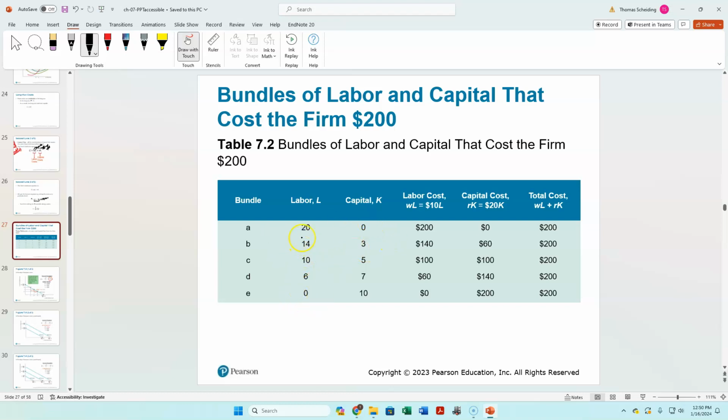We had to have some mix of the two. But here, from just a simple cost perspective, we can have the two existing. And if I tell you that workers cost $10 an hour and my capital costs $20 an hour, then I can calculate various costs. In this case, all these bundles have the exact same budget of 200.